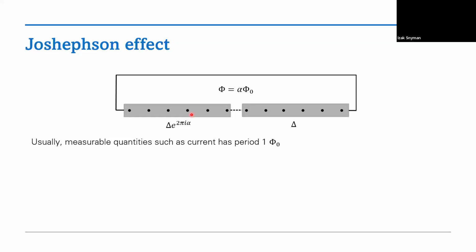The Hamiltonian is always periodic in flux with one flux quantum, which means that usually once you've changed the flux by one flux quantum, the system returns to the state that you started with. So the current that flows across the Josephson junction also has this periodicity.